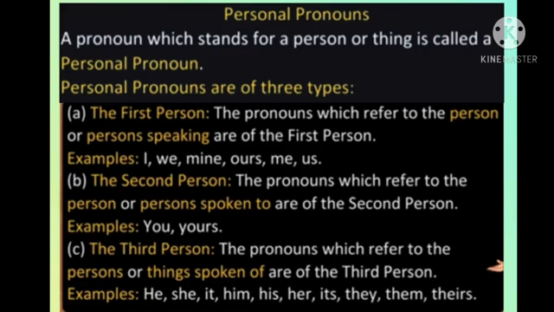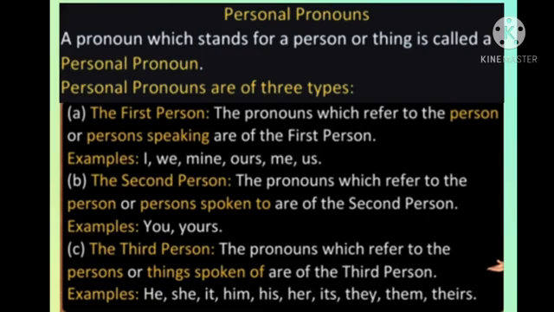Then we have the third person. Third person means the pronouns which refer to the person or things spoken of. This is not the speaker or the person to whom we are speaking. It is regarding another one. Like, imagine I am having a conversation with Deepika.